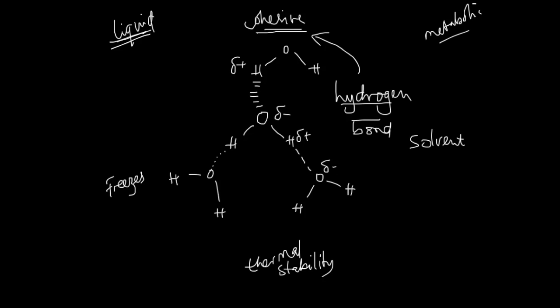So even though there's attraction between the molecules, it is a weak attraction. The hydrogen bond is a weak attraction because these charges are only very slight, positive or negative. And because the attractions are weak, they can easily be made and broken. But nonetheless, they are there and they will allow the molecules to move around. And because the molecules can move, water will behave as a liquid. Okay?